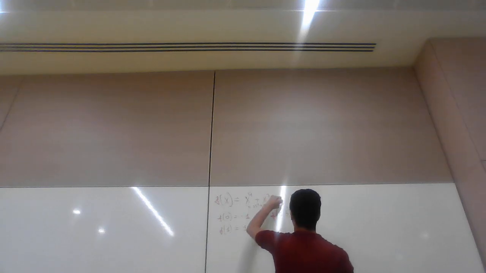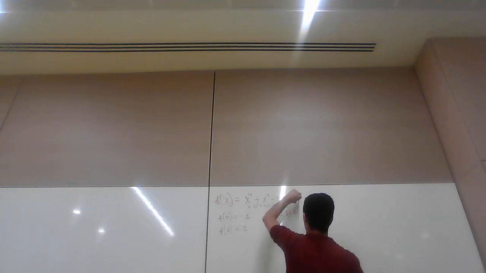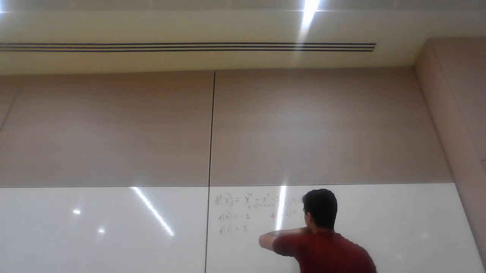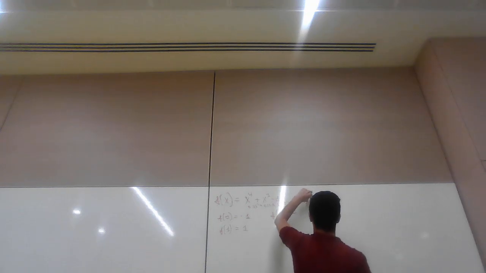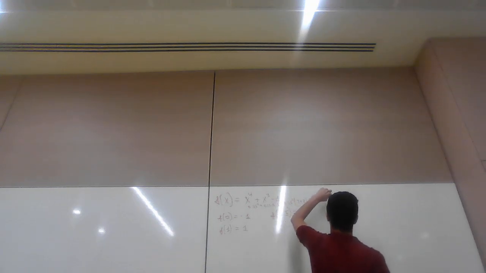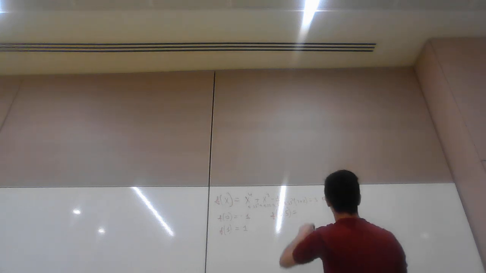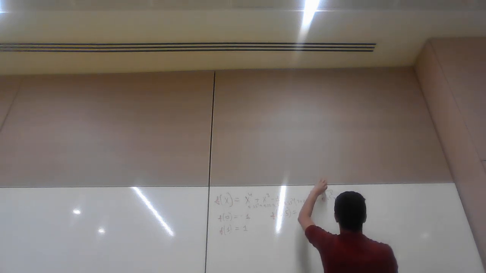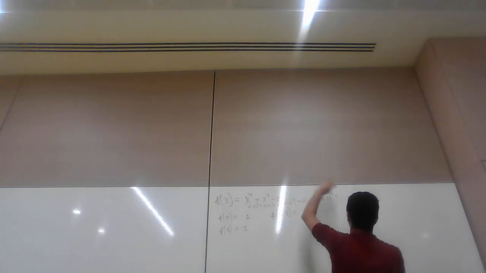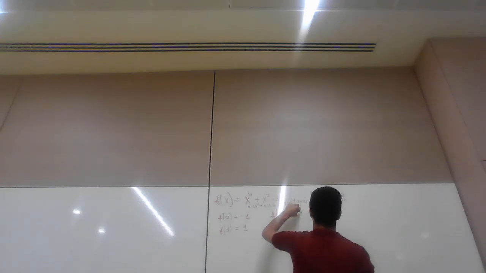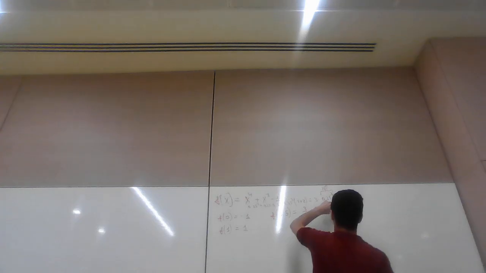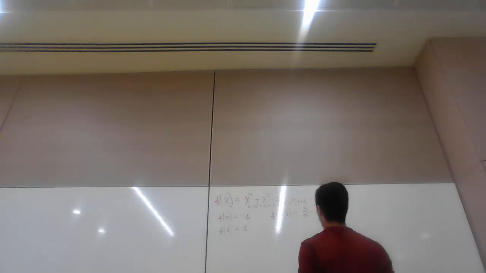And when we calculate, we find that plus 3 multiplied by this square, and we will find 3 divided by 16, and 3 divided by 16 minus 1 will be equal to this.